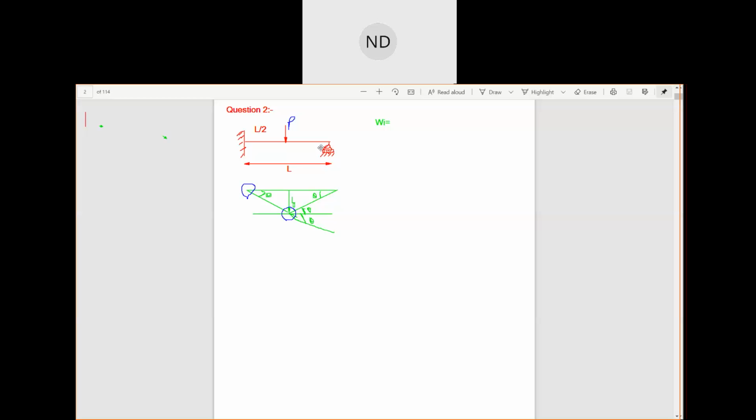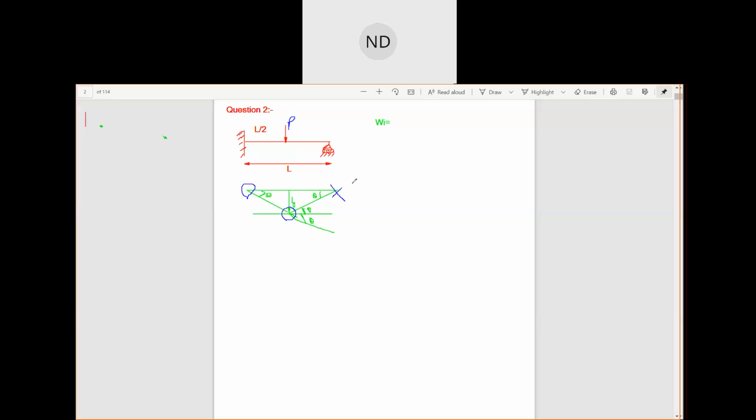But here this is not a fixed support, but a hinge support, so we have no plastic hinge here. So we have two plastic hinges, for which we will have a plastic moment due to this fixed support and also due to this point load. So what will be your internal work done?